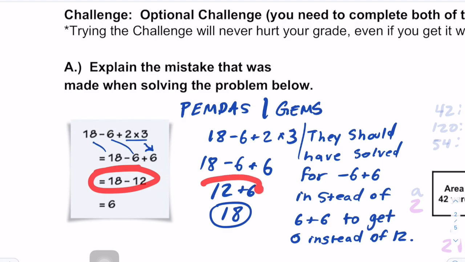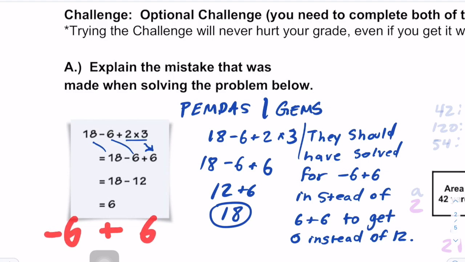We see that we have 12 plus 6. They have 18 minus 12. So this looks like we went from left to right and did 18 minus 6 first. They went from right to left and did 6 plus 6. But the tricky part here is that this minus sign in front of the 6 is actually telling us that that's a negative number. So negative 6 plus 6 cannot equal negative 12.